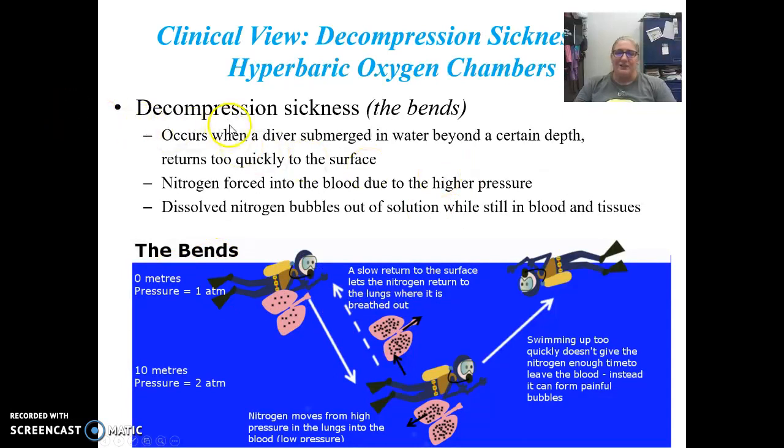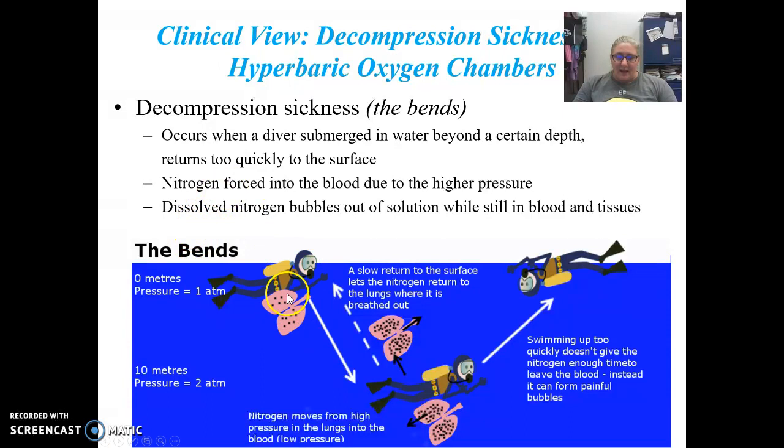And this can lead to decompression sickness if we don't move from the deeper environment of the ocean, of wherever we're at, up at a rate that allows nitrogen to diffuse out slowly.